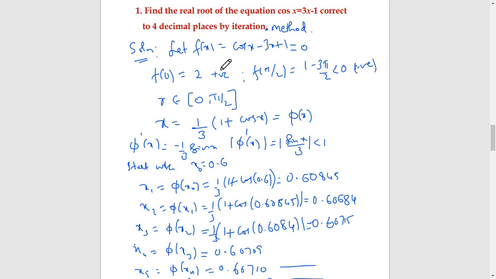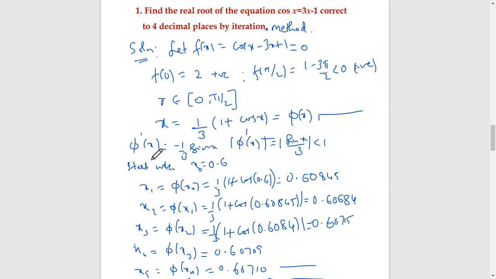So let me explain the method once again. F of x is given, and we have to check where the root lies by the trial and error method. The root lies between 0 and pi by 2. Why have we taken pi by 2? Because cos x is a periodic and transcendental function, therefore we have taken values from 0 to pi by 2. Now x equal to phi of x we have written here.